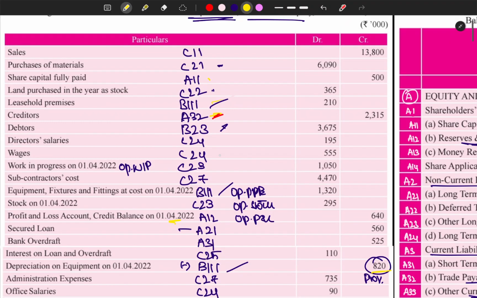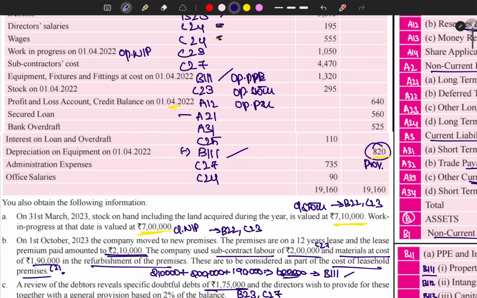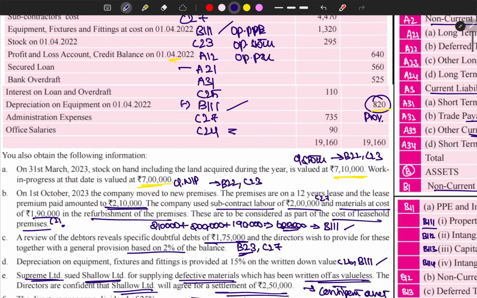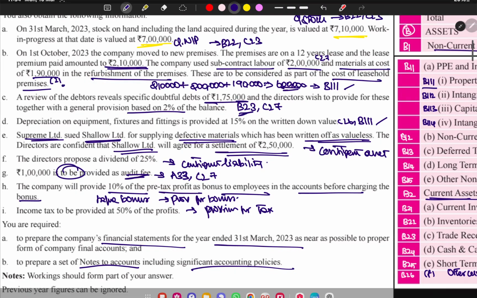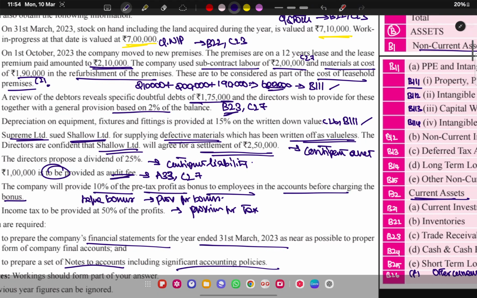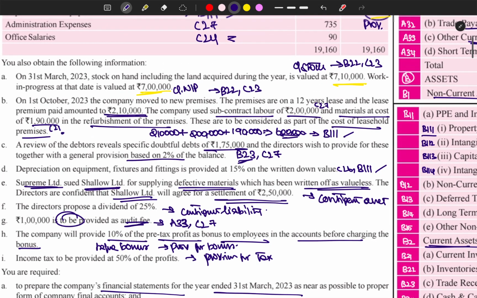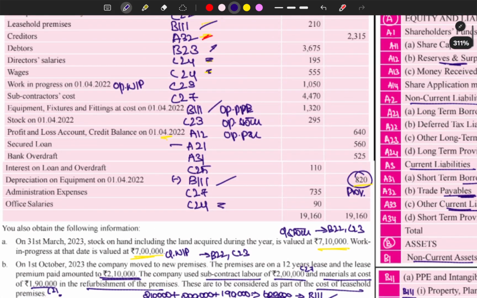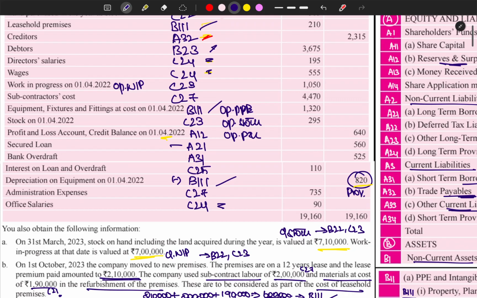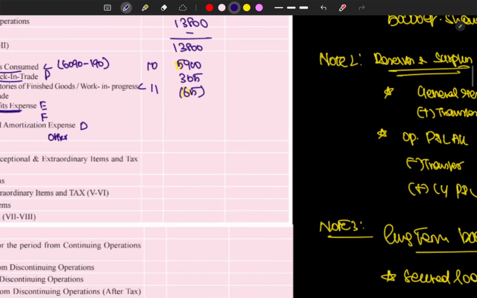How many C24? Any other C24? So there are three C24 items, and apart from that, that's it. C24 is 3, which is 195, 555.